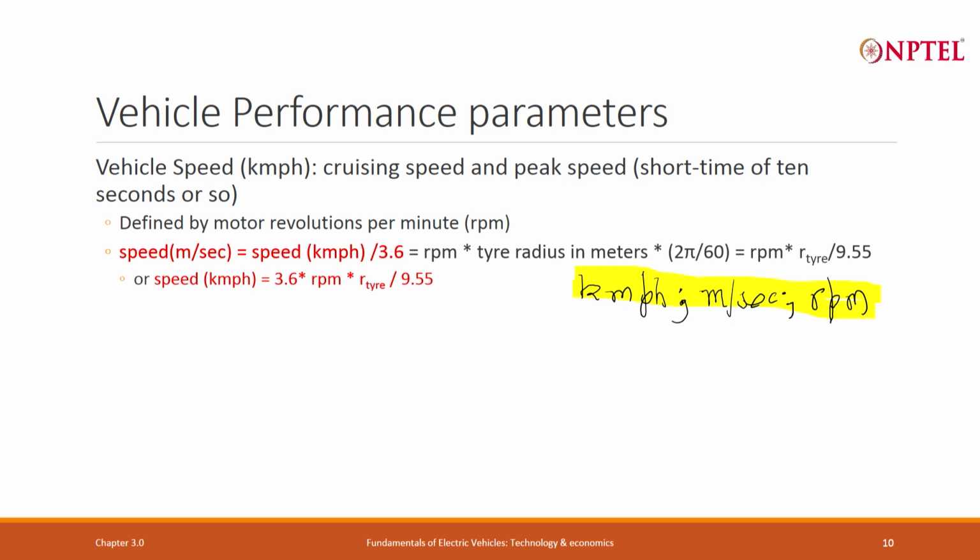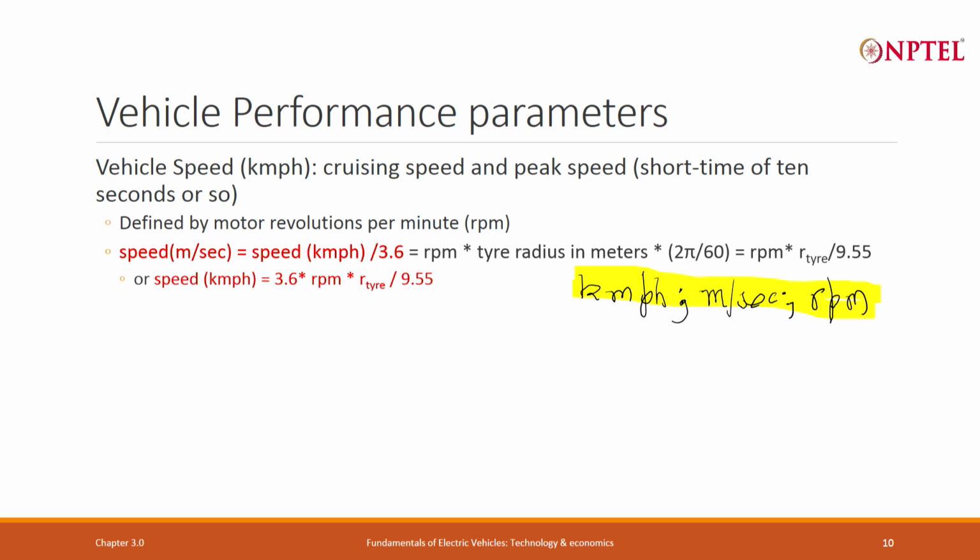If you want to compute that from RPM, it is RPM into 2 pi R, but that is per minute, so converted to seconds it is divided by 60. This is the speed in meters per second.